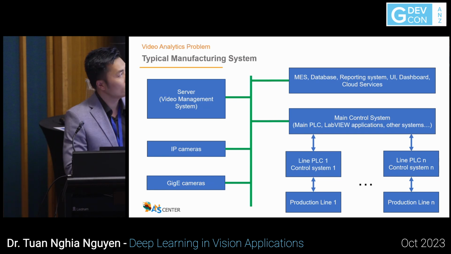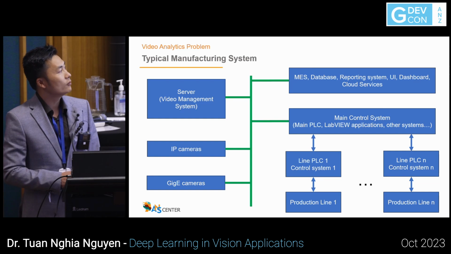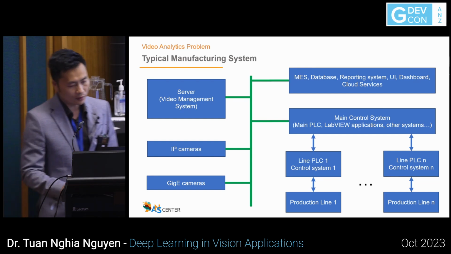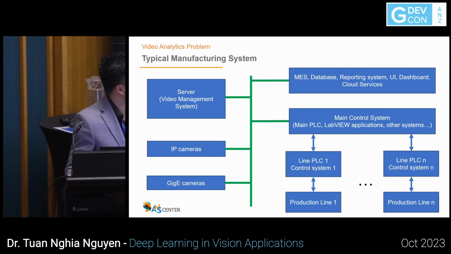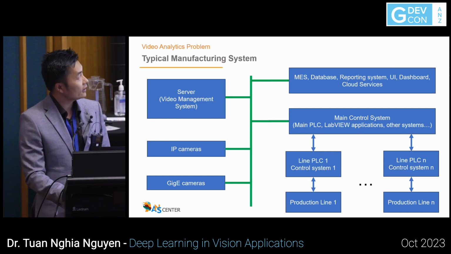With a large-scale manufacturing system, we have a lot of production lines. Then in that production line, we might have the vision system, right? So we can use the IP camera, GigE camera, or different types of internet cameras.